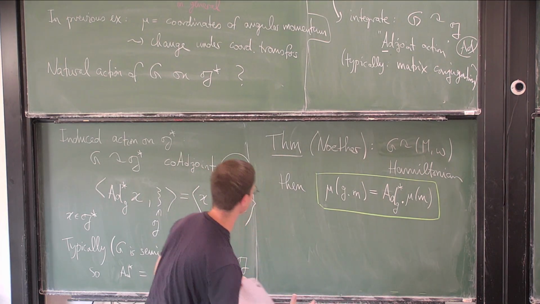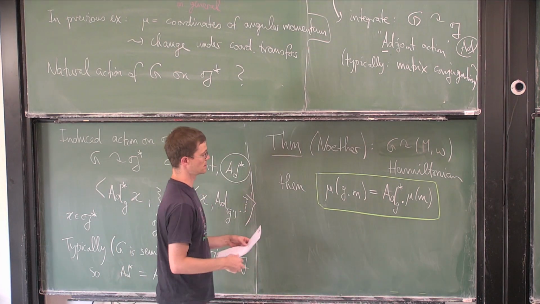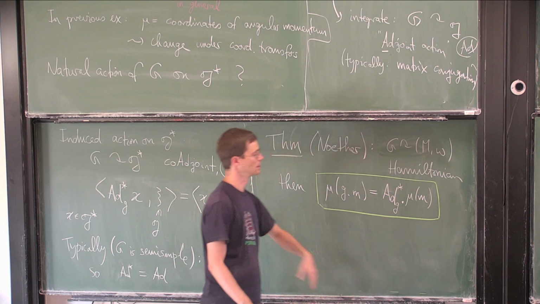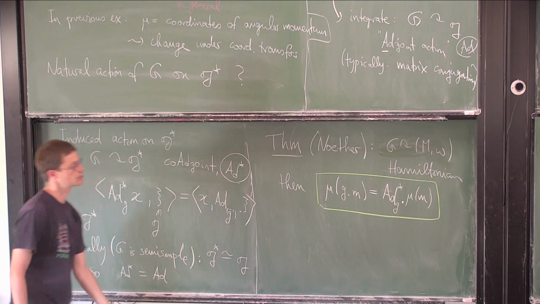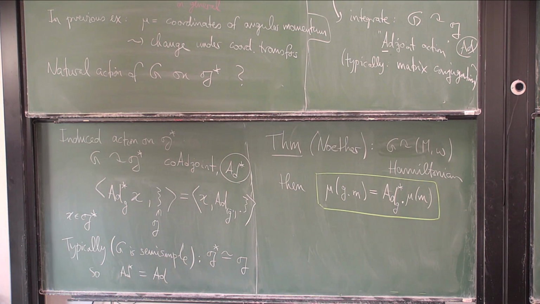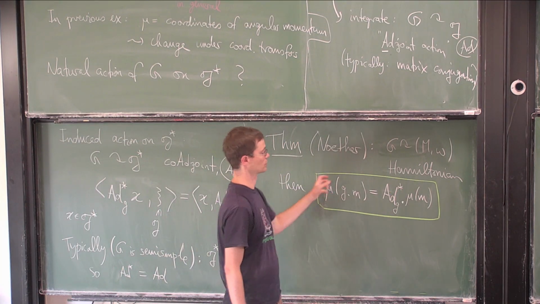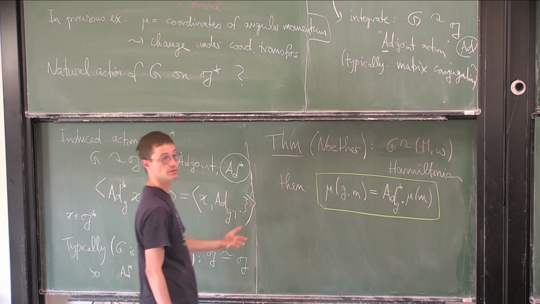So again, it really tells you that this moment map controls all the preserved quantities. This set of preserved quantities is a vector space, and it's actually g star, the dual Lie algebra of the symmetry group. And when you apply your symmetry, you know exactly how these quantities transform.